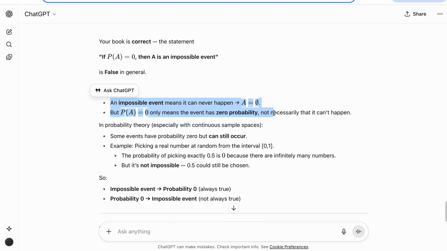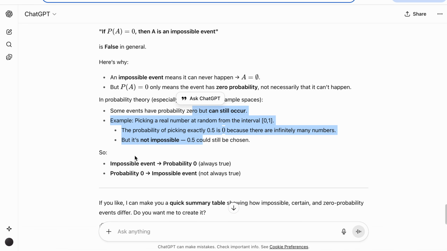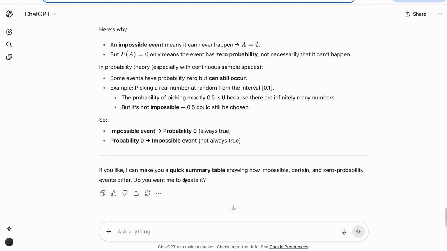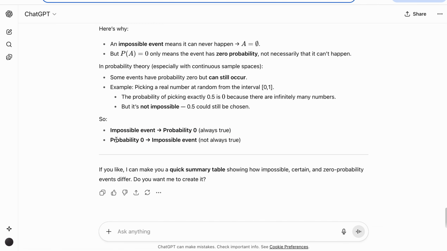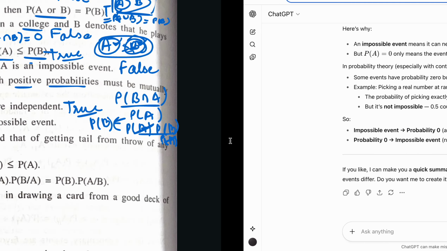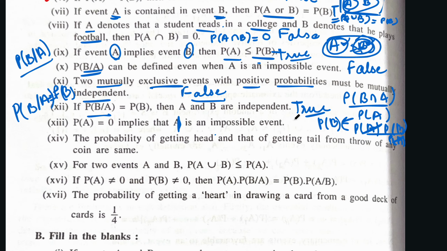Impossible event means it can never happen. Okay, in probability theory, some events have zero probability but can still occur. Okay, it will be false.